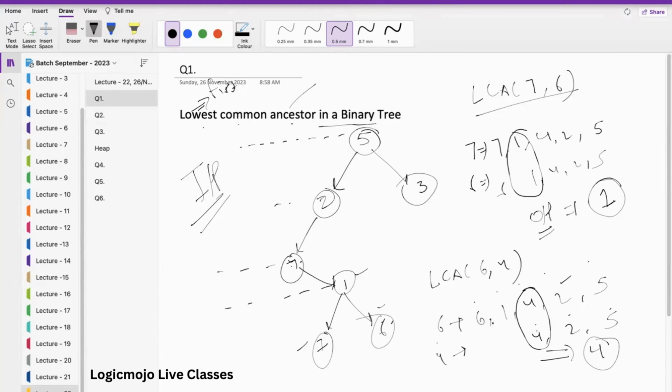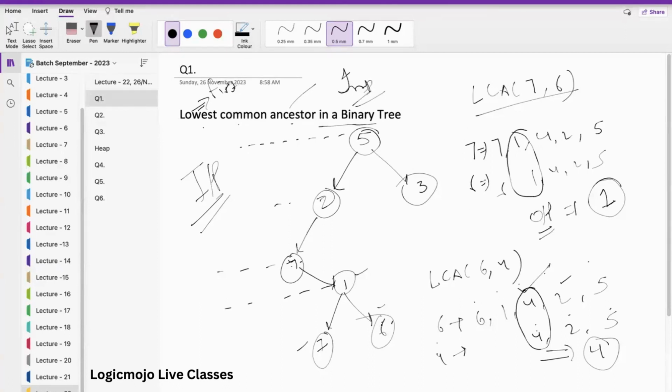Now, if you observe, the first common ancestor that you can get is 4. Are you following the question? This question is very important, actually. We'll try to generalize what all cases can appear, but for the sake of understanding the question, I'm taking these examples.